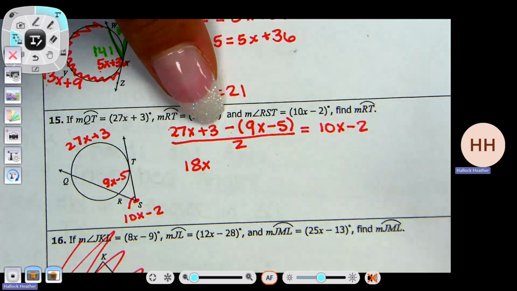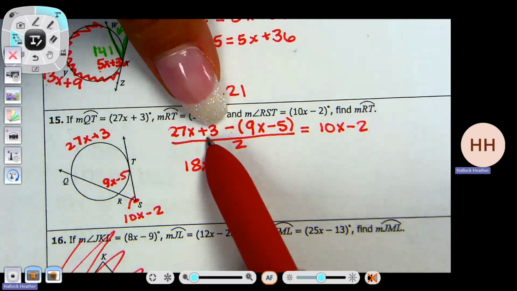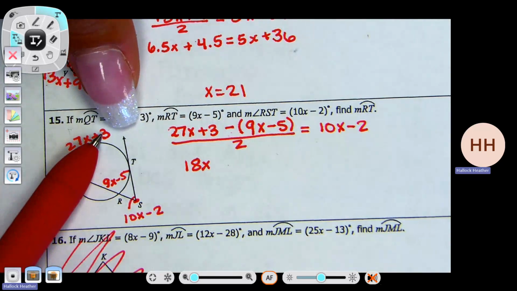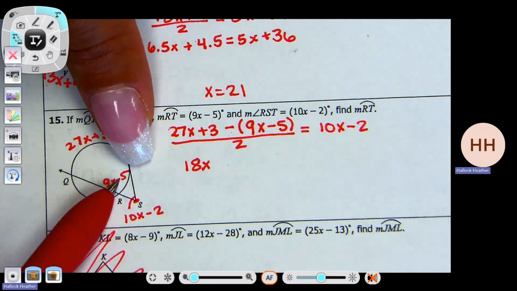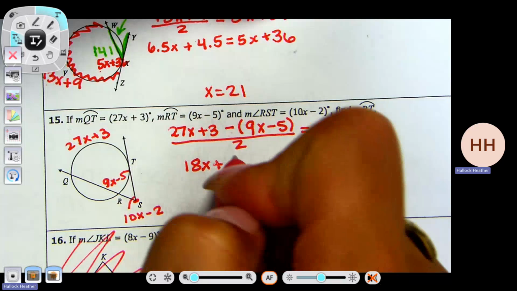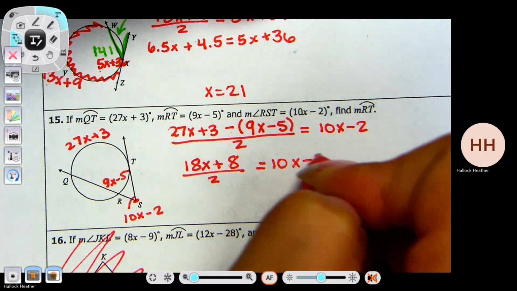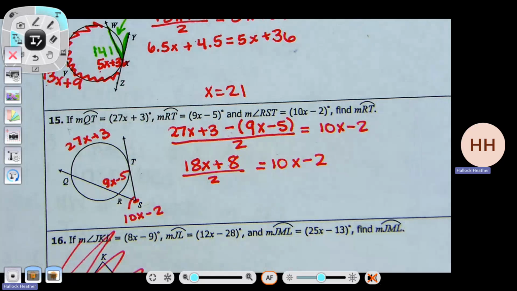So it ends up adding. This is the only weirdo that does that because you're doing 3 minus -5. And if you look at your picture, you're subtracting -5, so it's really adding. So 8. And then you would divide each by 2 and then you would solve like normal.